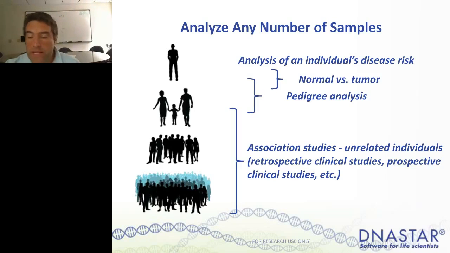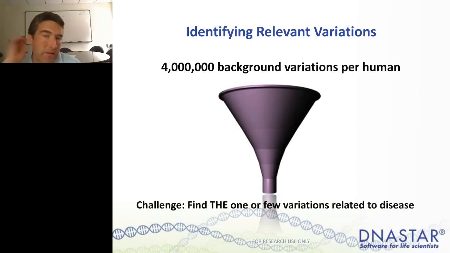And so we can analyze these different sample sizes, and really one of the challenges with any next-gen data set when you're looking for variant analysis is finding the signal amongst all the noise. There can be noise from the sequencing instrument, noise from the alignment, noise from the filters that are applied. And there's also the background, just the normal variations that occur, the 4 million or so that are unique to each individual.